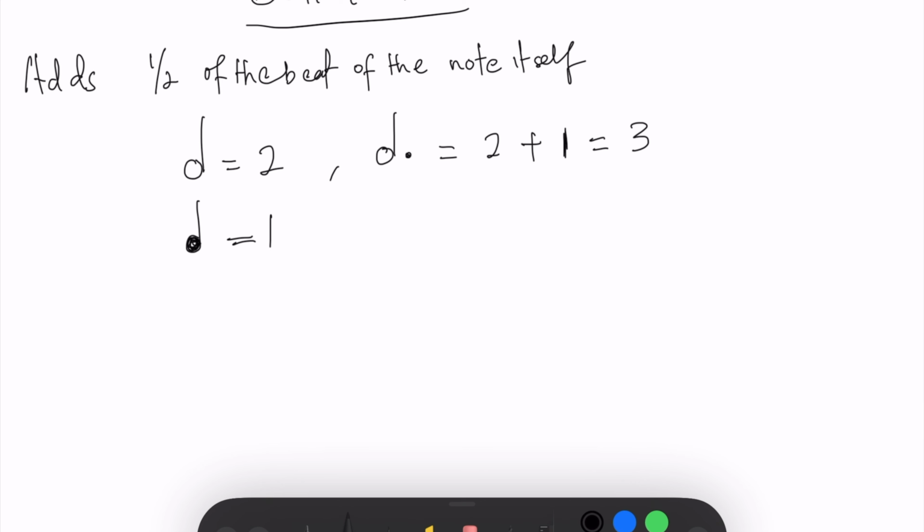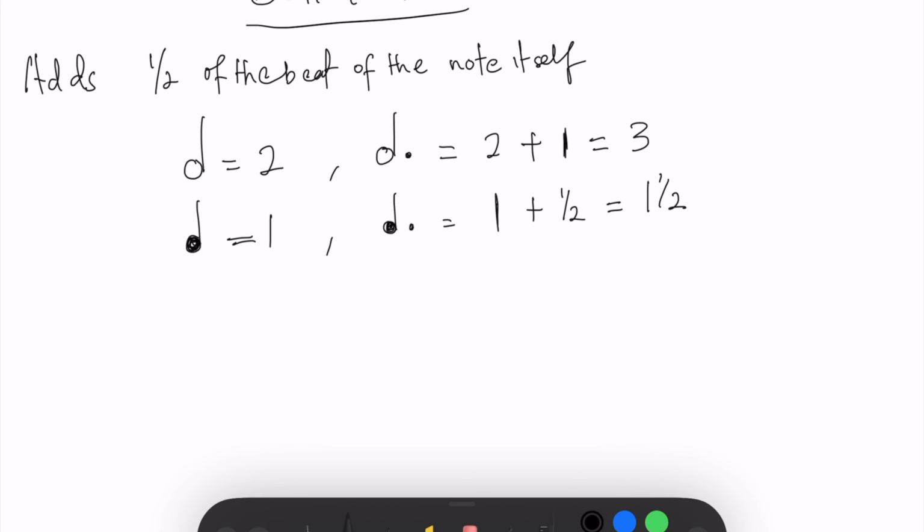We do the same for a dotted crotchet. A dotted crotchet in this case would be 1, because we know that the beat for a crotchet is 1, and now half of 1 is half, so that this becomes 1.5. So a dotted crotchet is 1.5.